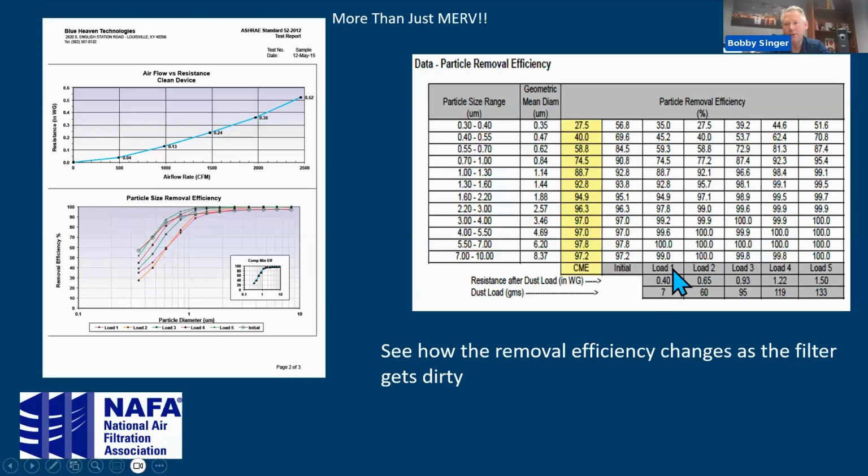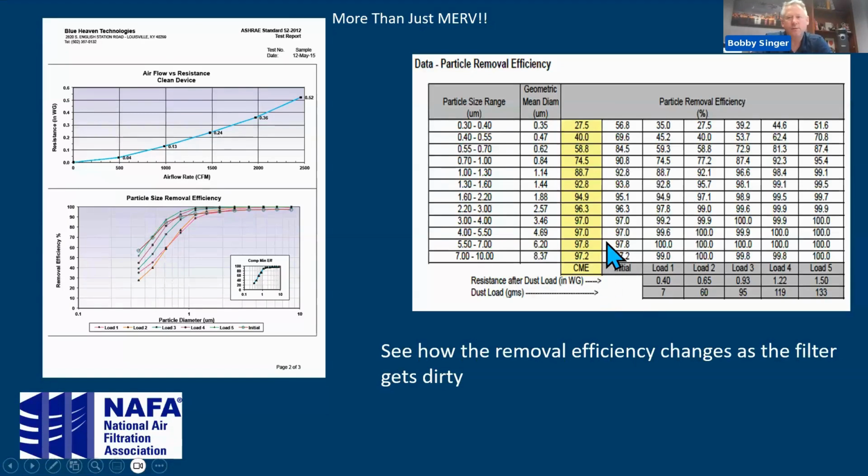Our load 1, you can see in this case, it took 7 grams to get it to go up 0.04 inches water column. So that's our efficiency data at that point. Then at our load 2 point of dust loading, load 3, load 4, and then at the final pressure drop. So you can see how well the filter is removing particulate as it gets dirty.